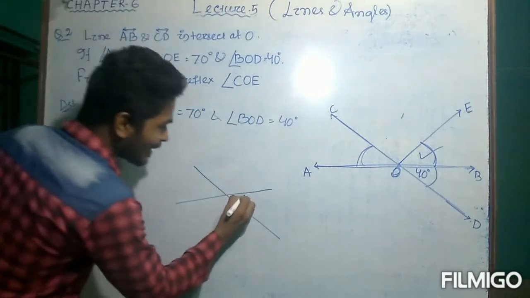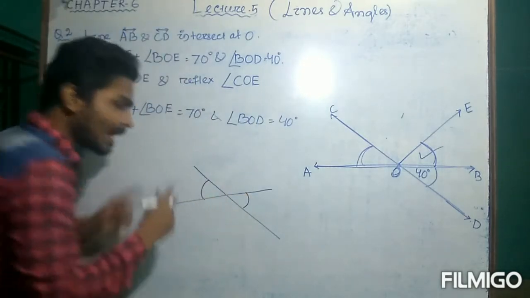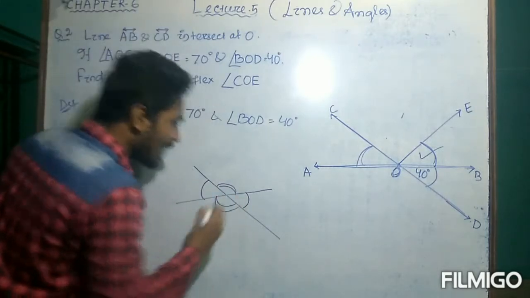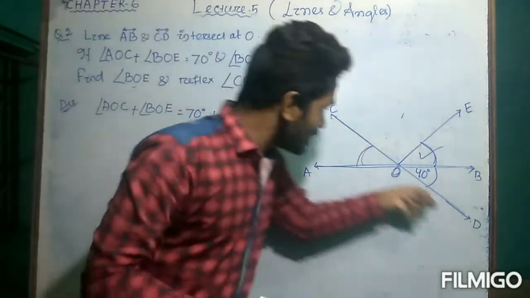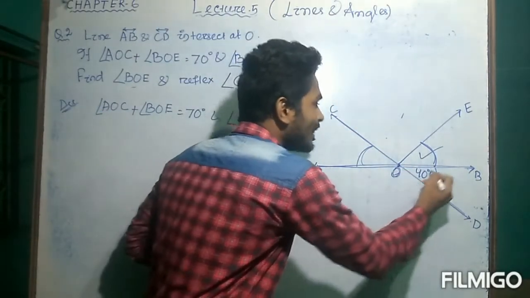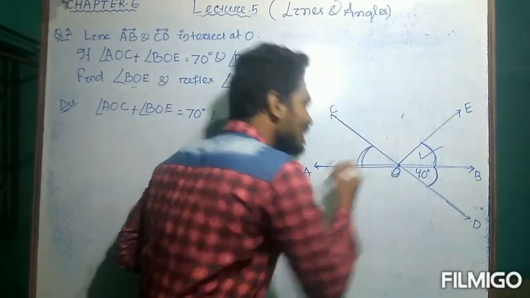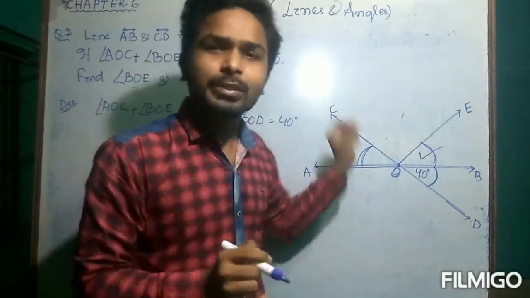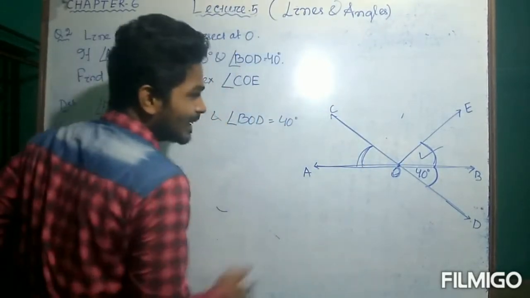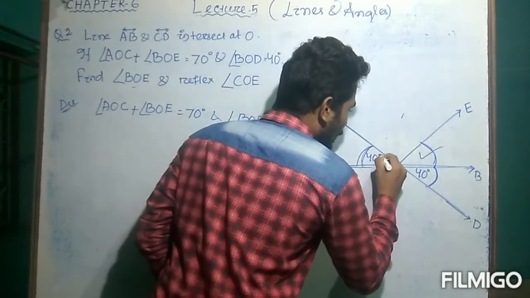So here you can write this angle and this angle are equal, and this angle and this angle are also equal. Similarly, whenever these two straight lines intersect each other at the point O, can you write this angle is equal to this angle? Yes, because they are vertically opposite angles. Okay, so you can write this angle is also 40 degree.